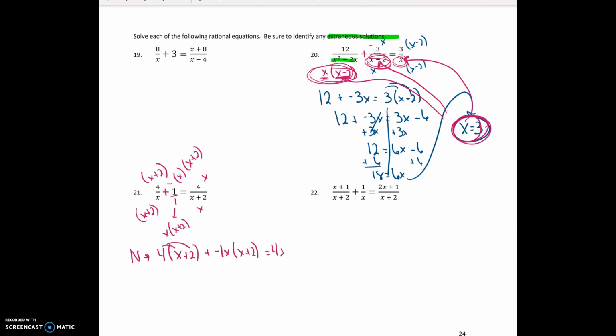Okay, we're going to distribute. So I get 4x plus 8 plus negative x squared plus negative 2x equals 4x. What I'm noticing is I have more than one type of x, so I'm going to bring everything to one side so I can factor. And it is actually better if the leading term is positive.